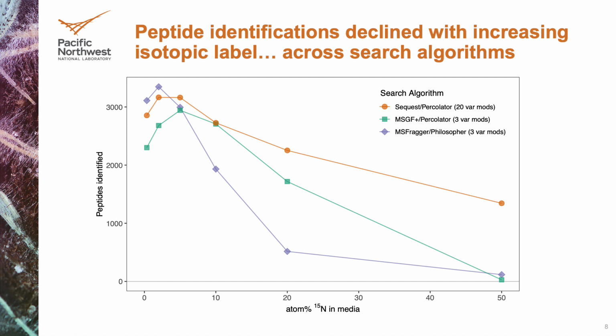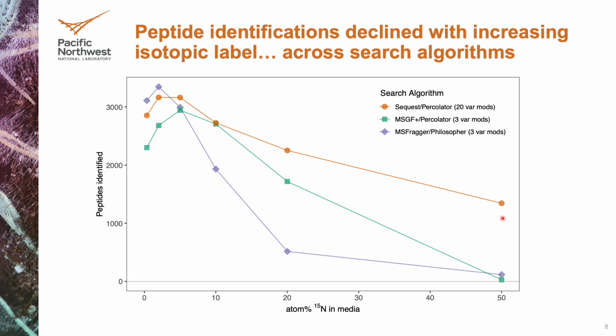For this evaluation, Synechococcus data was searched with Sequest, considering 20 variable modifications, as well as with MSGF+, allowing 3 variable modifications per peptide, or MSFragger also allowing 3 variable modifications per peptide. Taking into consideration that the maximum number of variable 15N modifications allowed during peptide spectrum matching varied among the search algorithms tested, we found that peptide identification rates declined more quickly with alternative search algorithms than with Sequest.